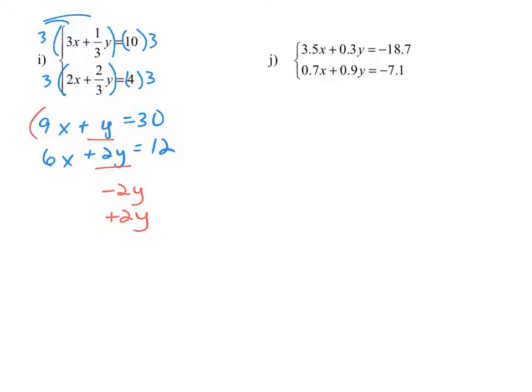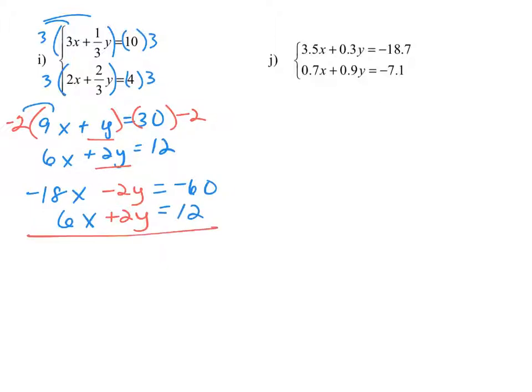And to get that first equation to have a negative 2y term in it, we want to multiply both sides by negative 2. When you do that and you distribute, negative 2 times 9x would give us negative 18x, and then negative 2 times y is minus 2y, and on the right side, 30 times negative 2 is negative 60. And the second equation we're going to keep as 6x plus 2y equals 12.